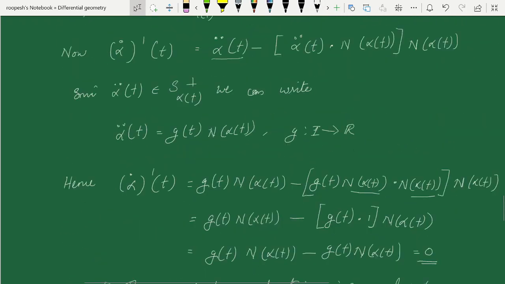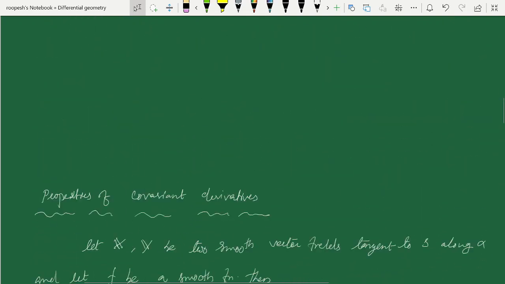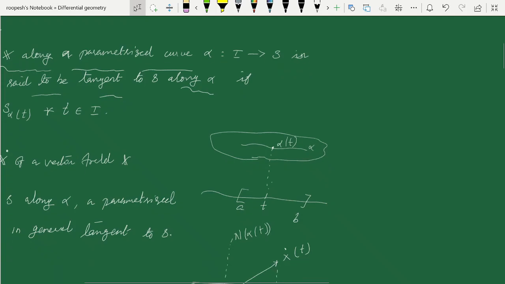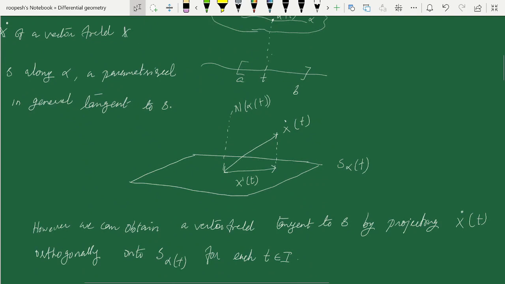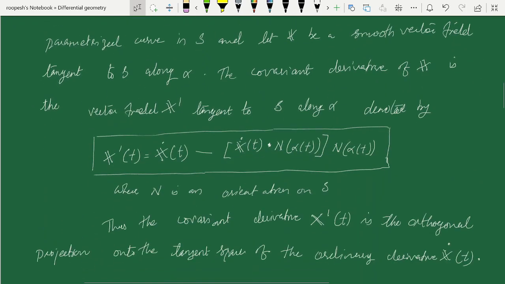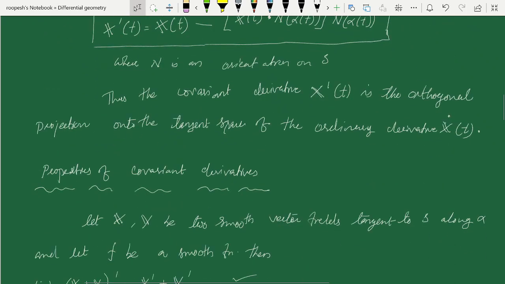So in today's class, we discussed the concept of covariant derivative. First, a vector field along alpha need not be tangent to the surface, but we can go for the covariant derivative so that we get a vector tangent to S. Next, to find the covariant derivative, from the derivative you remove the normal component.